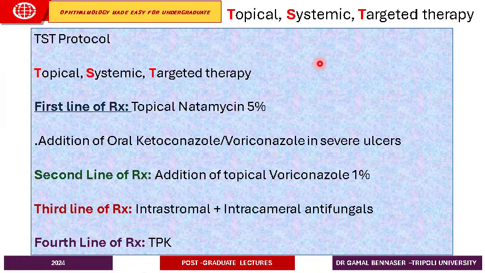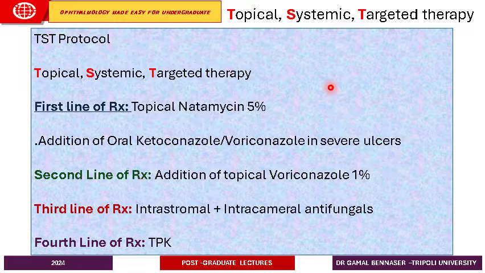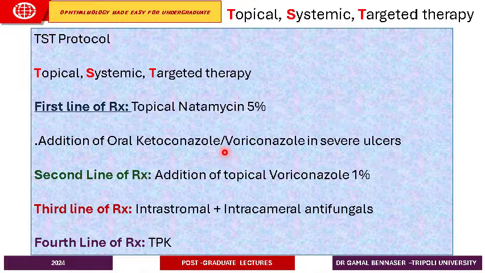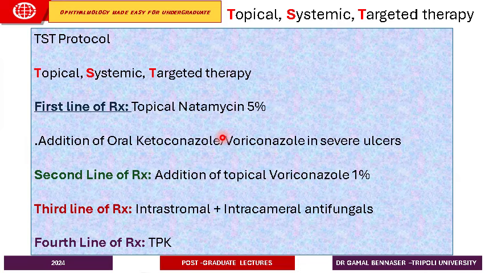So it is said that the first line of treatment will be just topical natamycin 5%, with or without addition of oral antifungal, as we said before, in the presence of severe ulceration, keeping in mind that these antifungals are hepatotoxic, and voriconazole may also cause hallucination, so it should be used with caution.